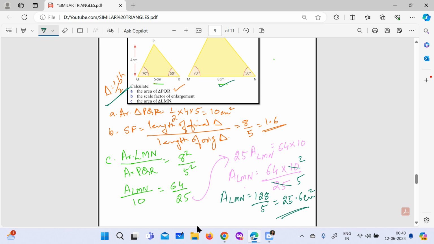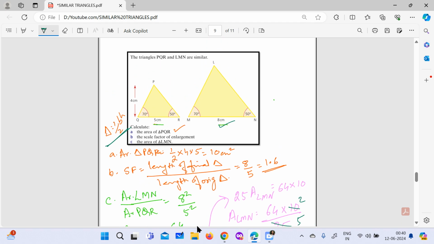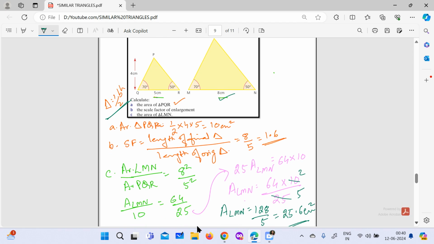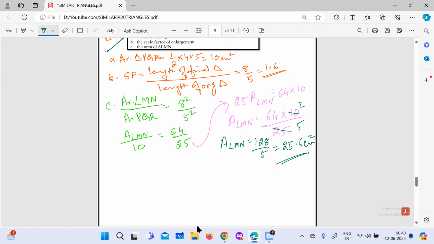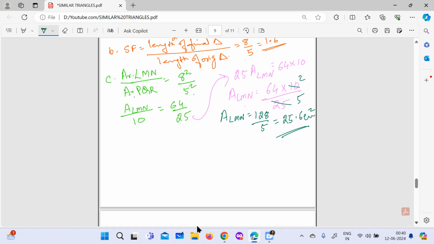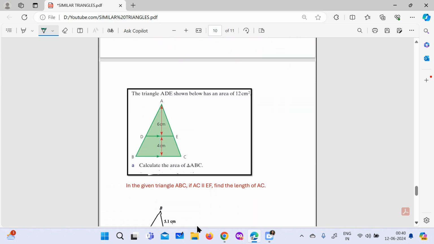Now to calculate the area of triangle LMN, since we can see that height is not given here, but we have one length, and here also we have one length, and we have the scale factor. So using the relation between the scale factor and the length, that is, the ratio of the areas is equal to the square of the ratio of the lengths, and hence we can solve it. So this is done. Okay.